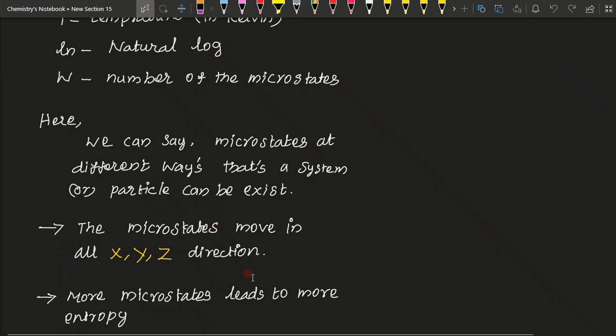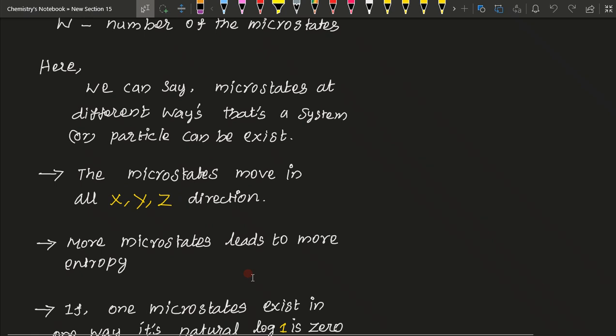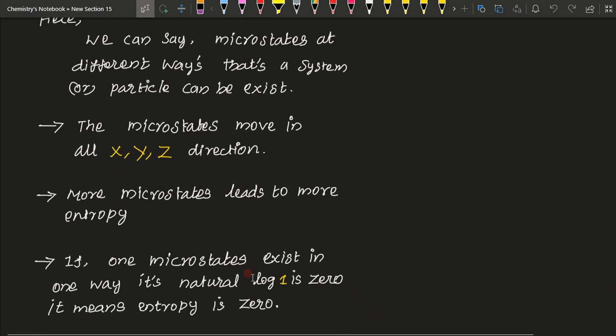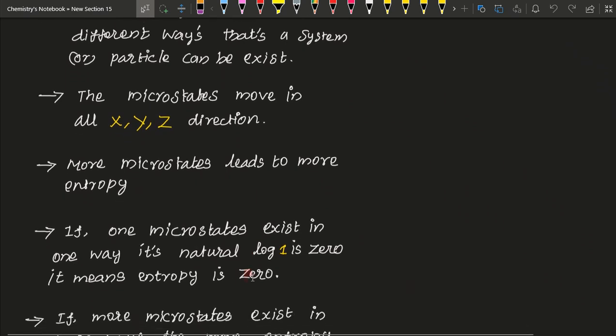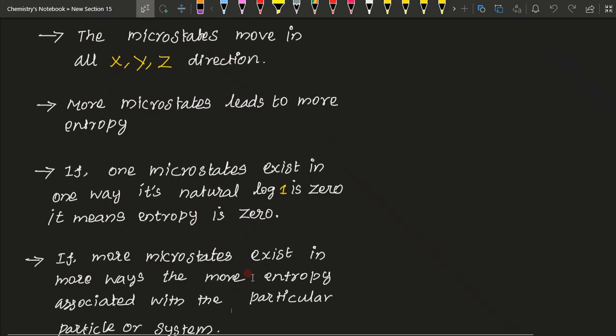Next, the microstates move in X, Y, Z directions. More microstates lead to more entropy. Fewer microstates lead to less entropy. Next, if one microstate exists in one way, its natural log, ln 1, is 0.